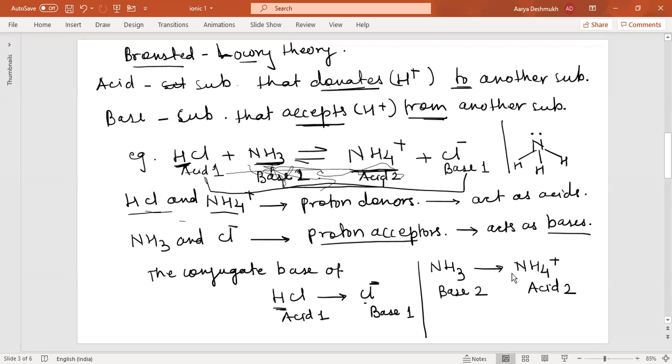This lone pair is present on the nitrogen and it uses it to accept a proton, and that is why this ammonia molecule can act as a base due to the presence of the lone pair. Now this is your conjugate acid-base concept. You should be very clear with this conjugate acid and base pair. I'll explain this with another example also.